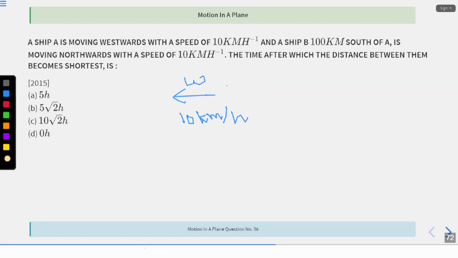So let's say this is A, and 100 kilometers south of A there is a ship B, moving in this direction with a speed of 10 kmph. Find the time after which the distance between them becomes the shortest.